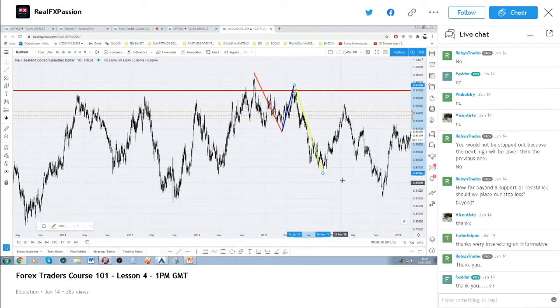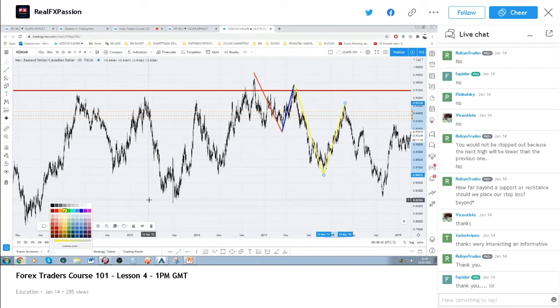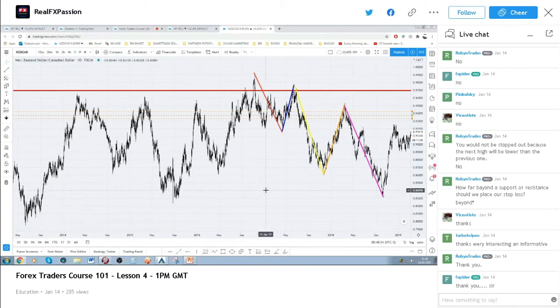Now, another retracement. Let's change colors one more time. And let's test extension. What color? Pink, violet, okay.